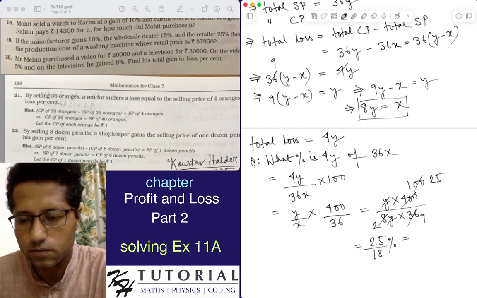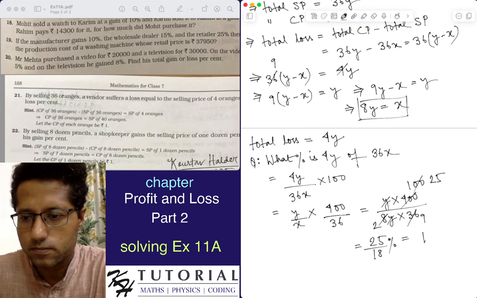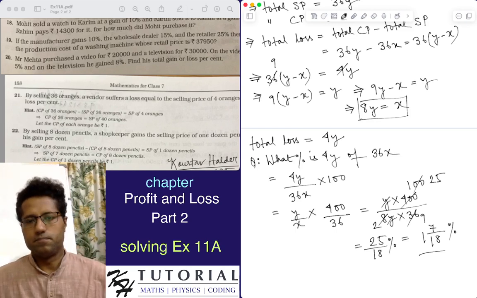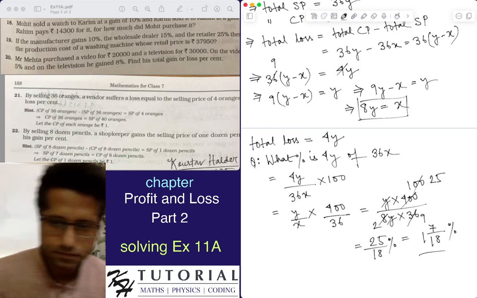Now this is equal to 1 and 7 by 18, 7 by 18 percentage. This is the percentage of total loss.